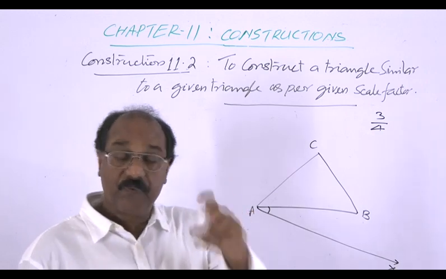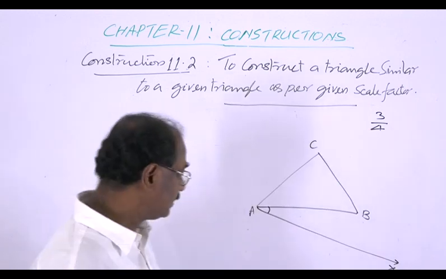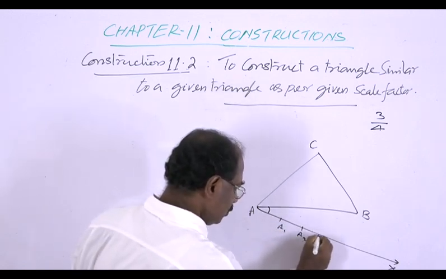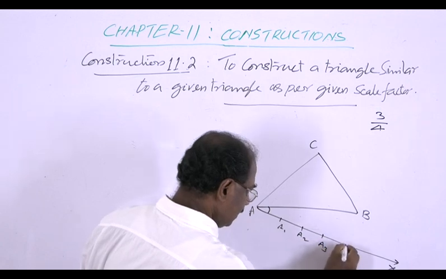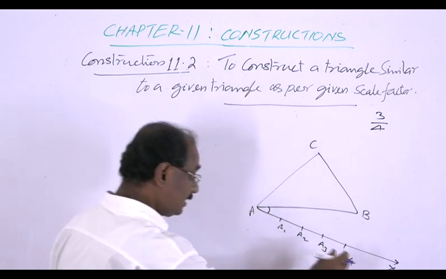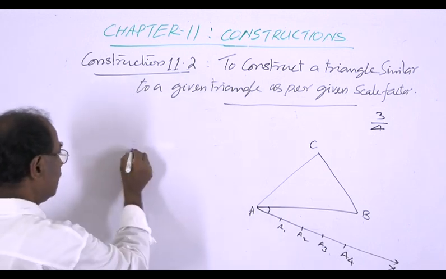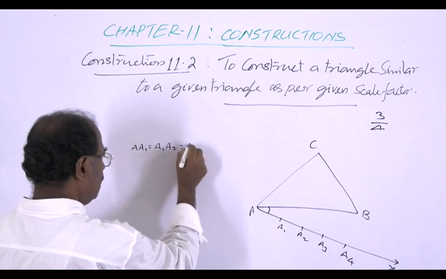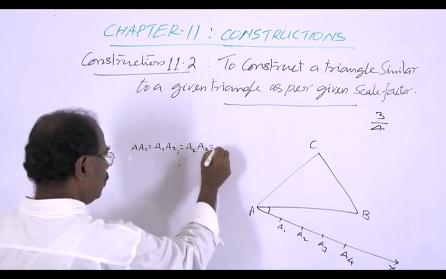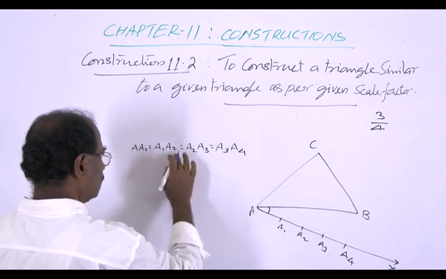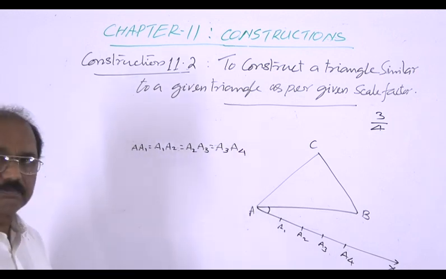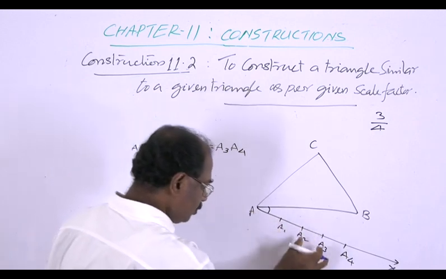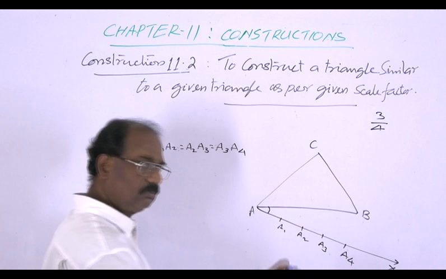So mark 4 points, say A1, A2, A3 and A4 on this AX, such that A1A2 is equal to A2A3, equal to A3A4.